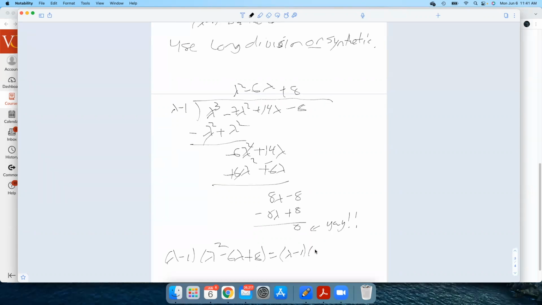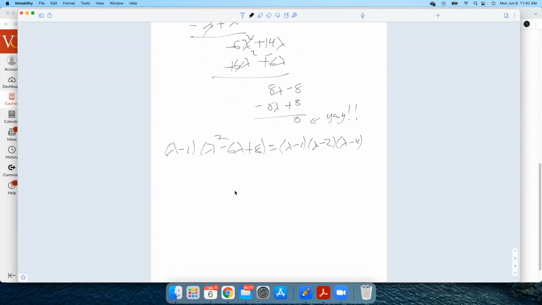That's lambda minus 2, lambda minus 4. So we know our factors, we know our roots. Our roots are lambda equals 1, 2, 4. So that means my general solution, I just take the linear combination of all these guys.